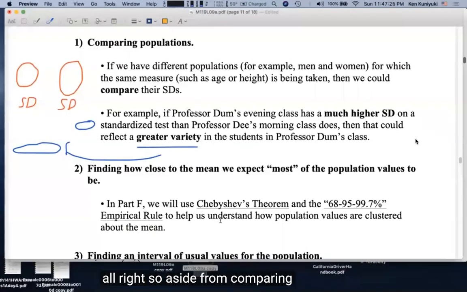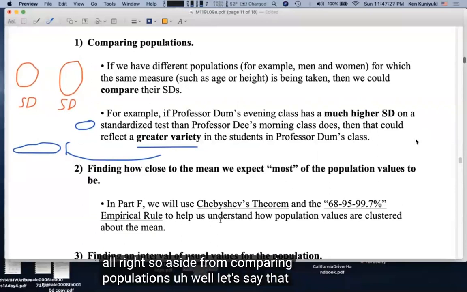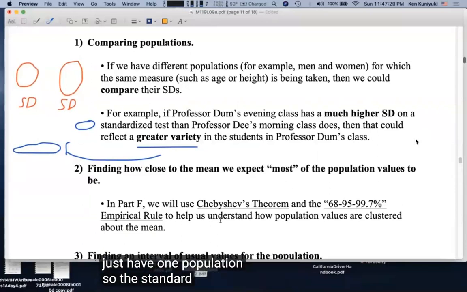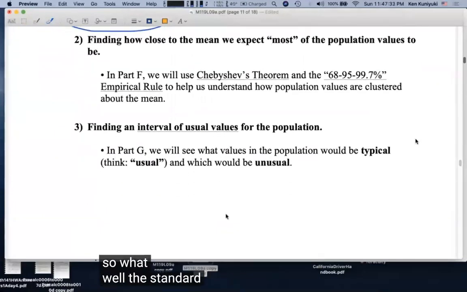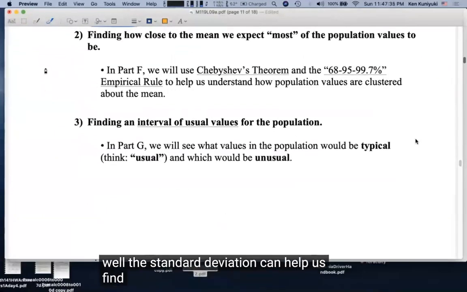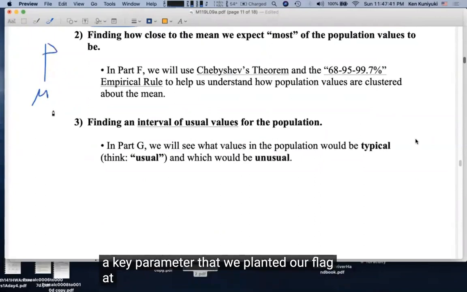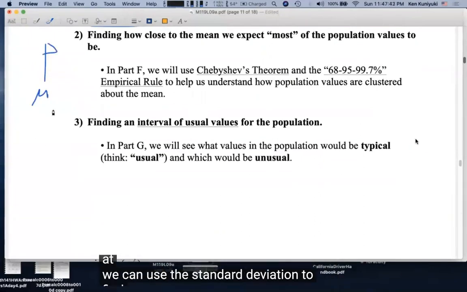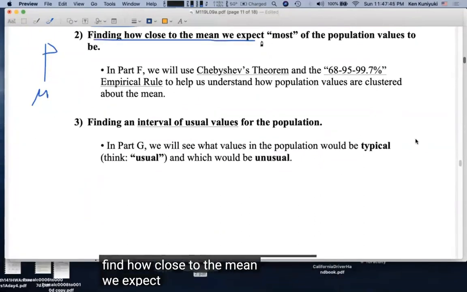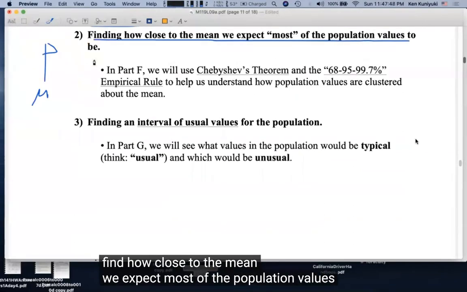All right, so aside from comparing populations, well, let's say that we just have one population. So the standard deviation is 10 points. So what? Well, the standard deviation can help us find how close to the mean. Remember, the mean was a key parameter that we planted our flag at. We can use the standard deviation to find how close to the mean we expect most of the population values to be.